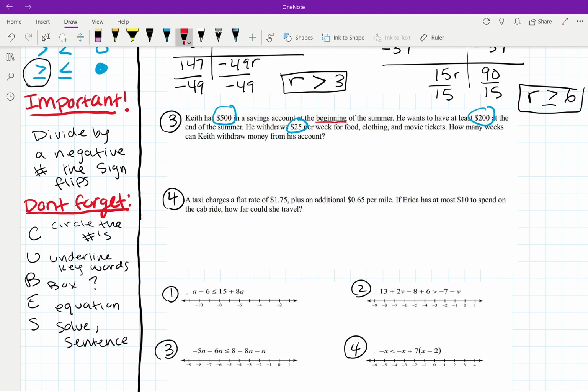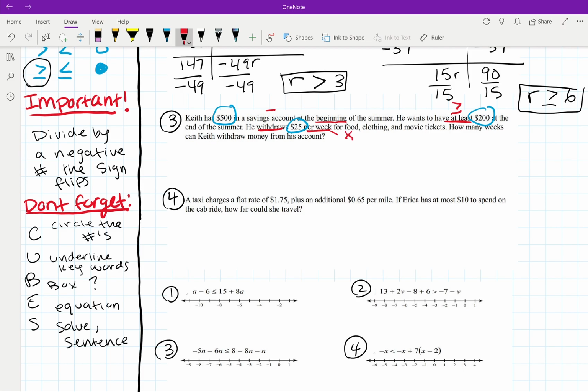He wants to have at least, that's an important keyword, at least $200 at the end of the summer. At least means greater than or equal to. He withdrew means minus $25 per week. This per week is going to tell us our variable X.